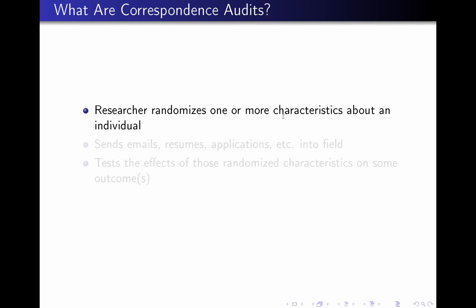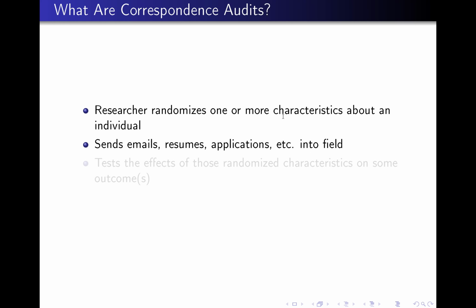So in short, a correspondence audit is a type of experiment where a researcher randomizes one or more characteristics about some hypothetical individual. After thinking very carefully about what question you're going to answer, you send emails or resumes or applications of some sort out into the field.